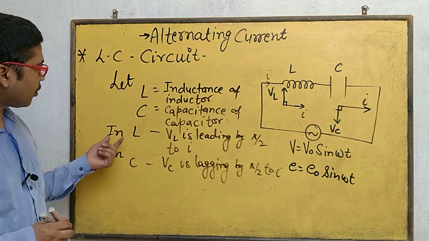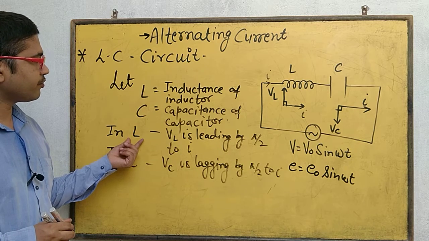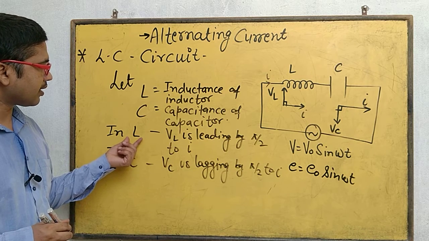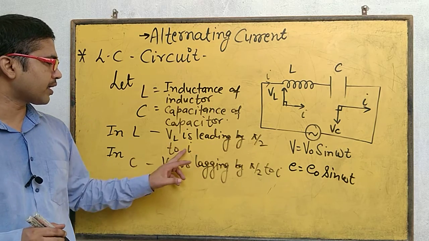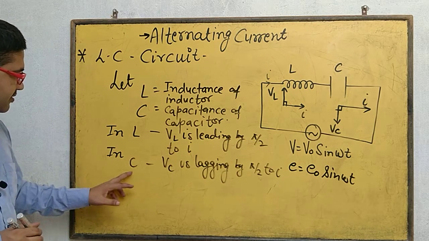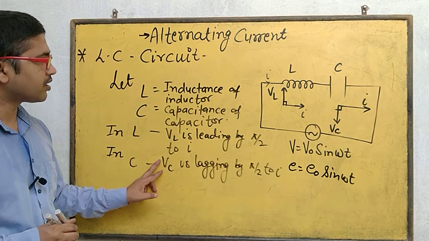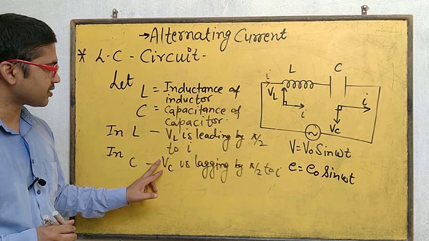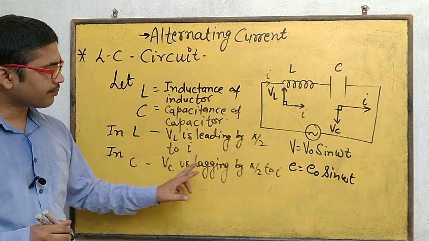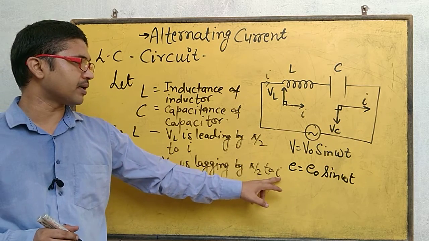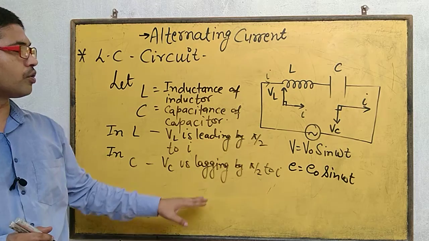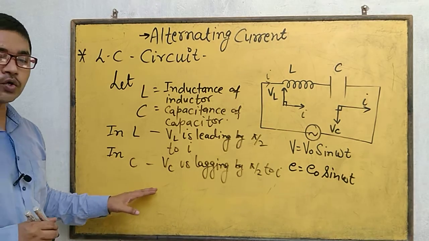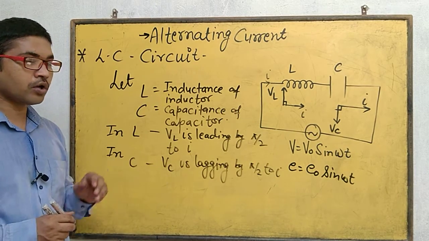Across L, the VL is leading the current I by a phase pi by 2, and in capacitor C the voltage developed across the capacitor is lagging the current I by a phase pi by 2. So the basic information of the circuit is shown on this board, and you can pause your video and write it down in your copy.